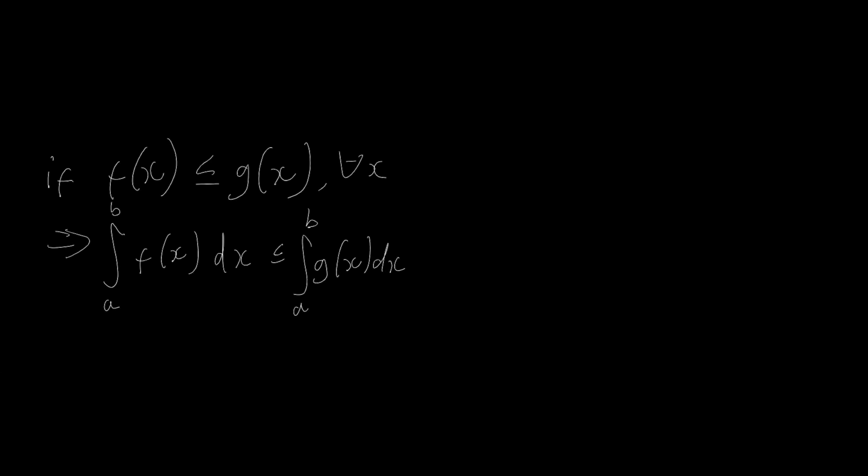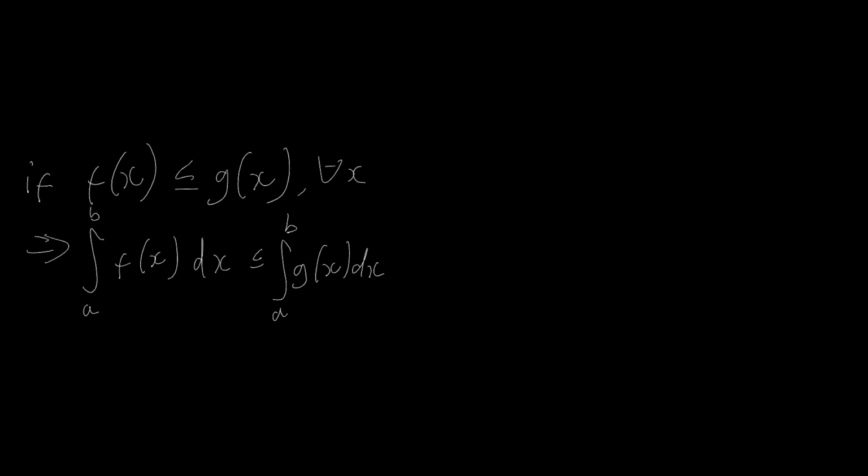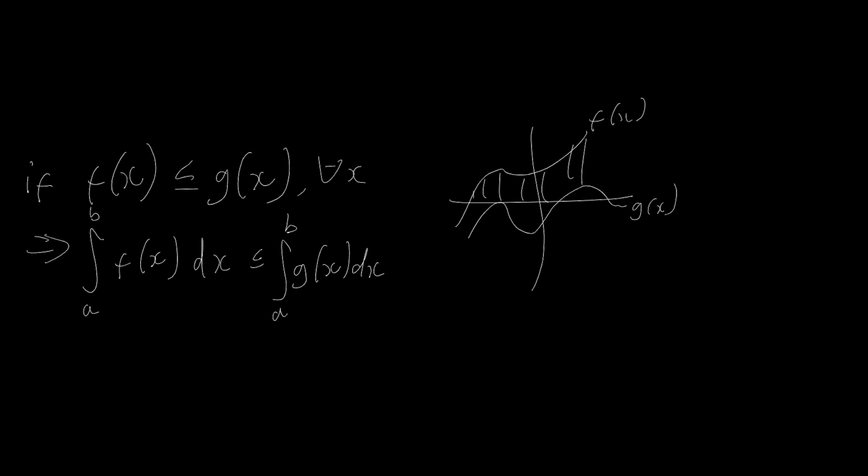You can think about it like this: take this graph here, let's say that's f of x, and then that's g of x. The area under here is always going to be bigger than the area here.